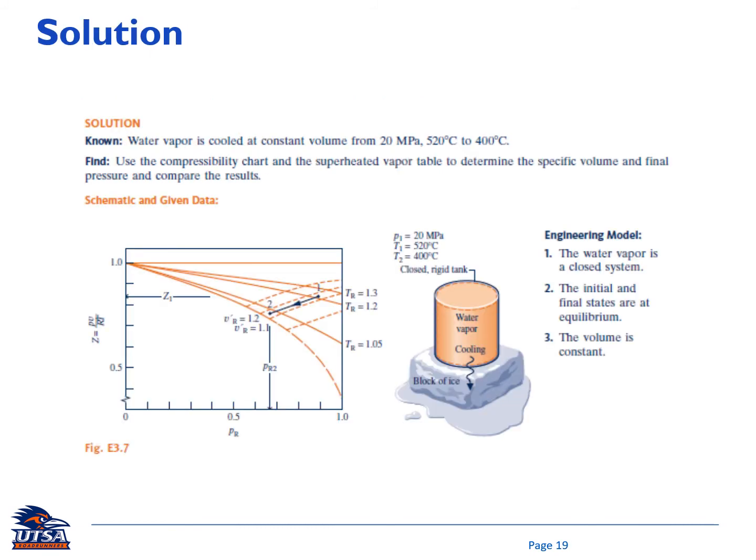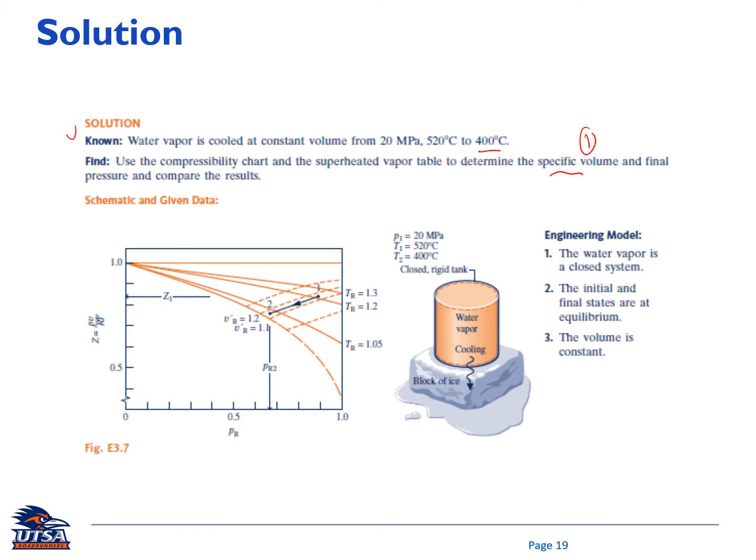Okay, as usual, you need to do several steps here. What is known: water vapor is cooled at constant volume from 20 megapascal, and the temperature goes from 520 to 400 C. The question is, using the compressibility chart, we need to calculate the specific volume at state 1 and the final pressure.